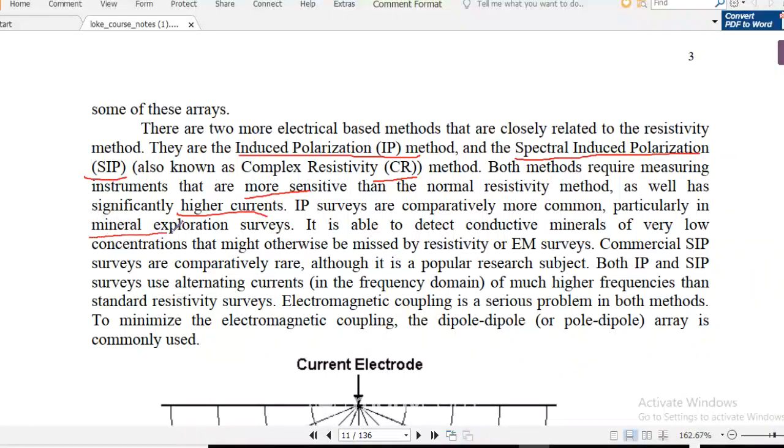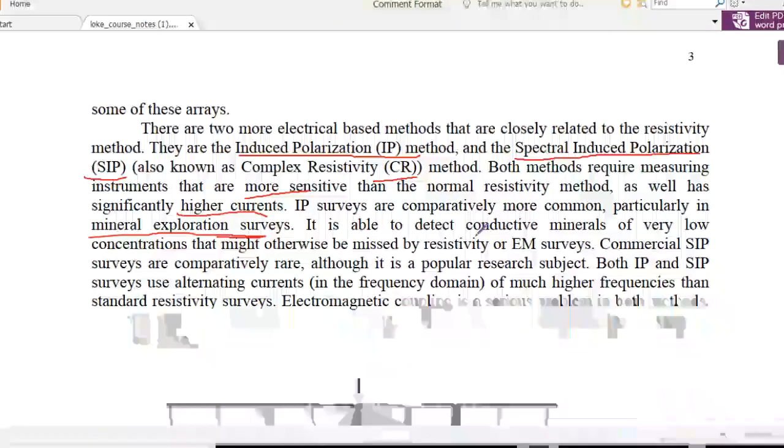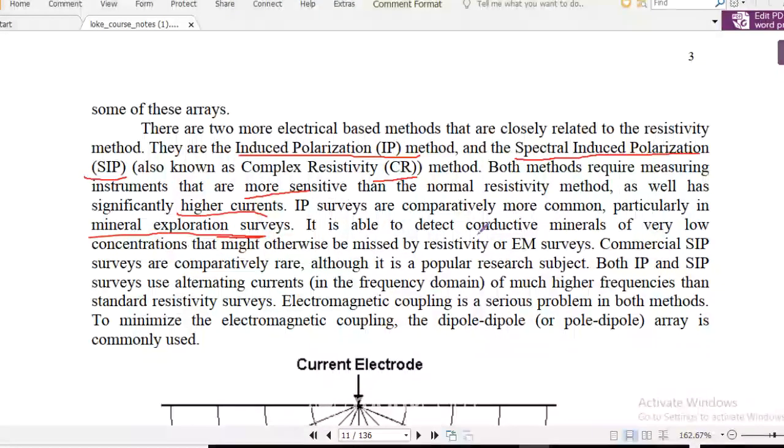In mineral exploration, we use IP surveys. It is able to detect conductive minerals of very low concentration that might otherwise be missed by resistivity or electromagnetic survey.